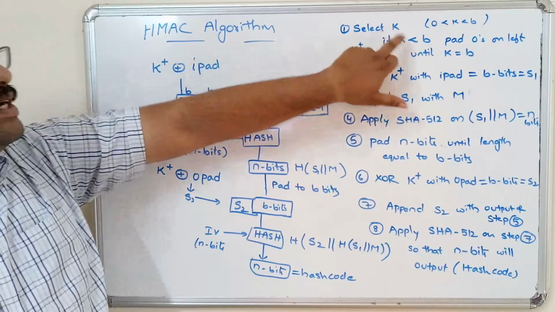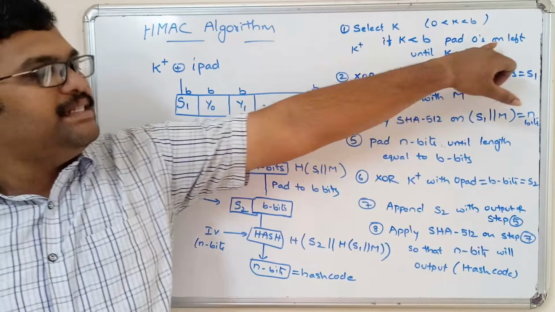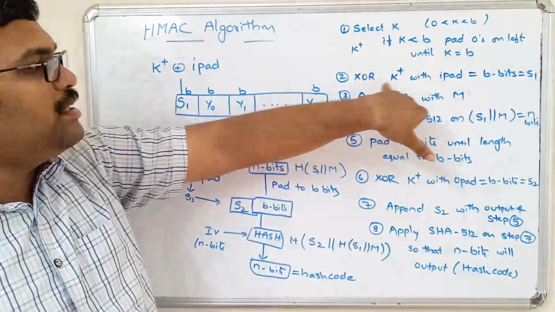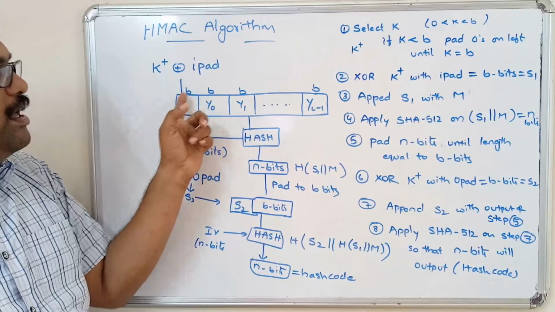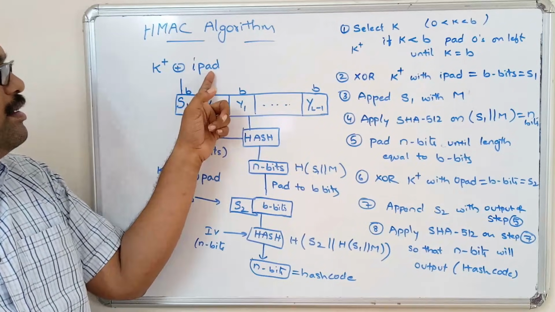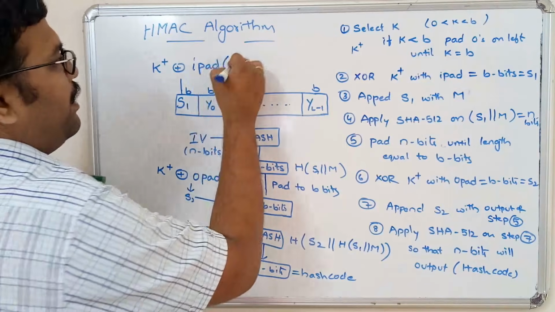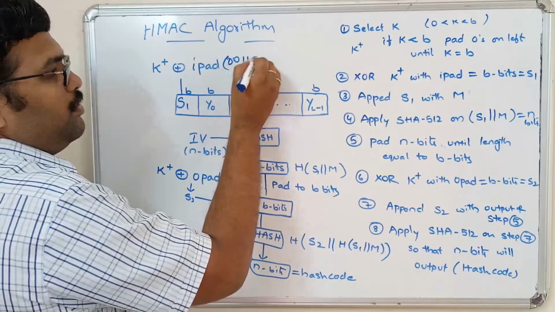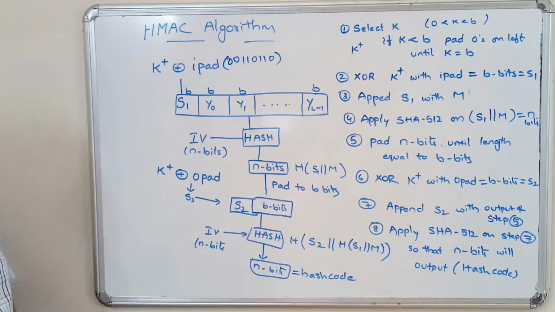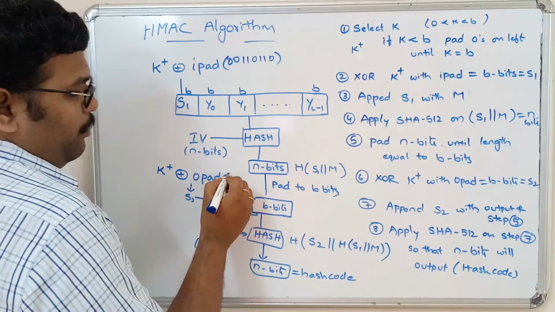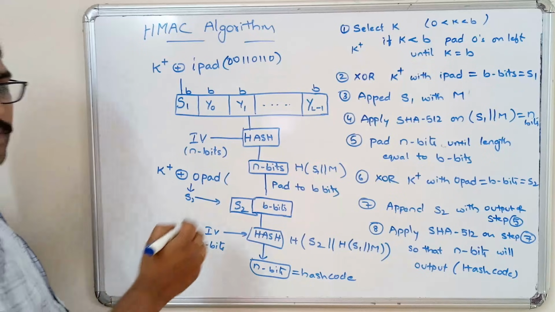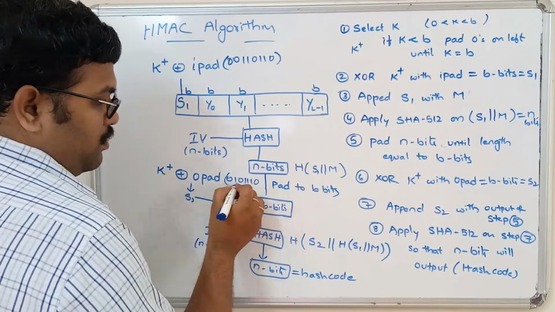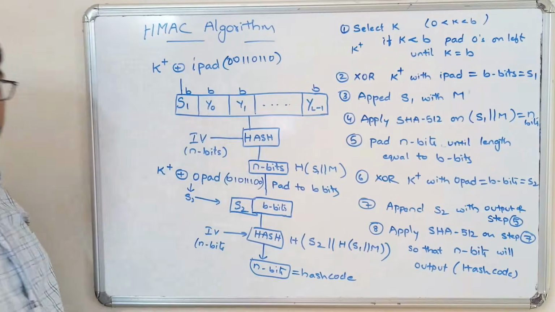First we have to select the k bits. So we have to pad zeros on left side so that the length will be equal to b. And now XOR this k bits, the k plus with iPad. So here iPad, we can write here iPad as, right? Next, here the OPAD is this one.